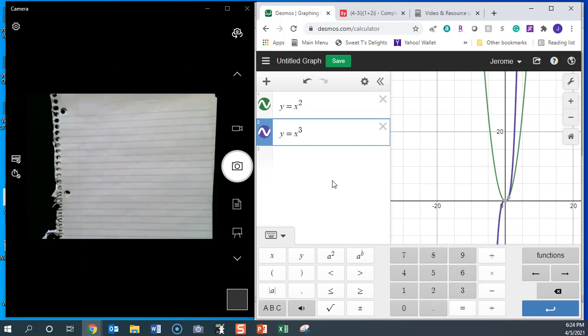And we ask which one is growing more quickly. Now, there's a couple ways we could do it. We could just do a table. Well, let me show you that.